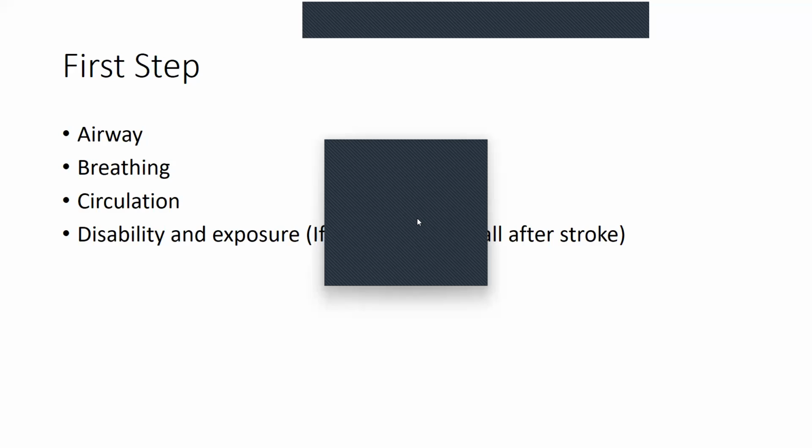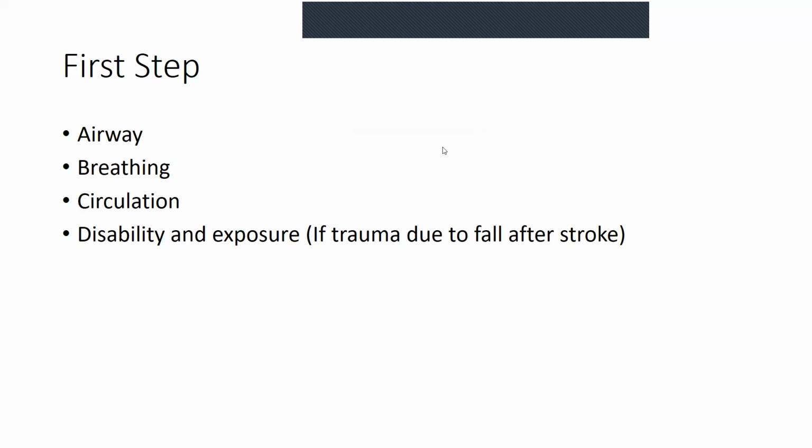In case of disability and exposure, first of all we should know whether there is any history of trauma or not, whether the trauma took place due to a fall after stroke or before stroke, and that should be ruled out before managing the condition. Next slide, please.